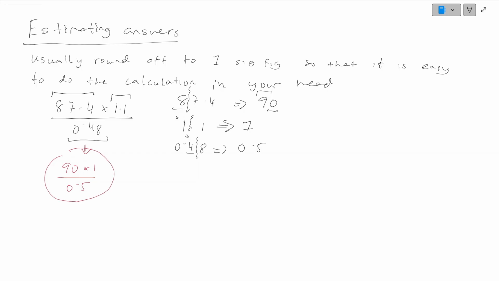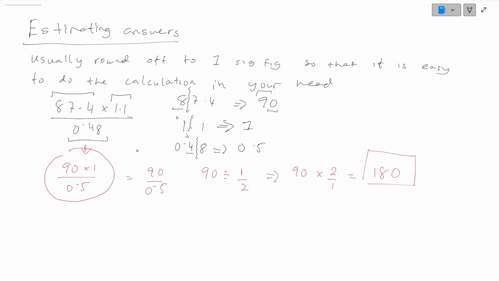It's easier to do. This is just 90 divided by 0.5. And if we're doing that, that's just 90 divided by 1 over 2, which is just equal to 90 times 2 over 1, which just gives you 180 as your answer.